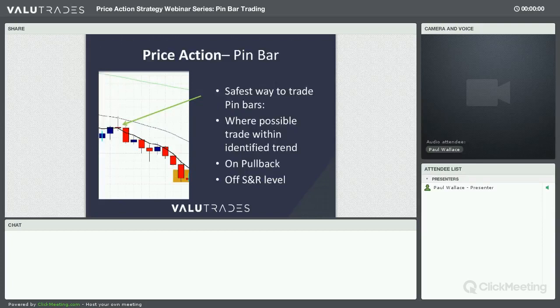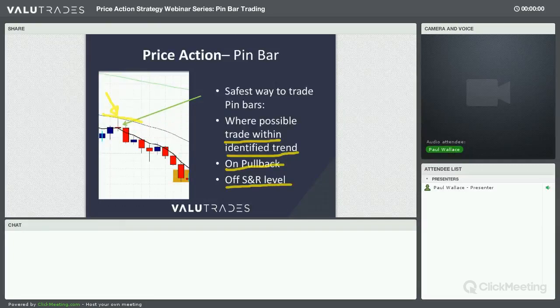So, as I said, the safest way to trade pin bars is, where possible, to trade them within an identified trend on a pullback off a support and resistance level. That support and resistance level can be a horizontal level. It could be a dynamic one, in terms of a moving average.